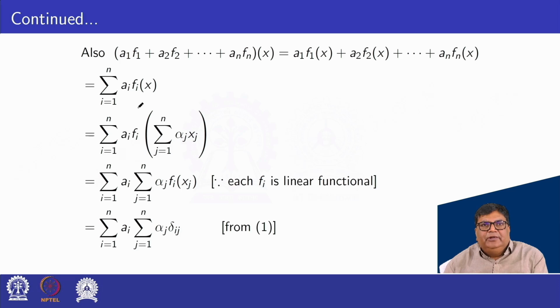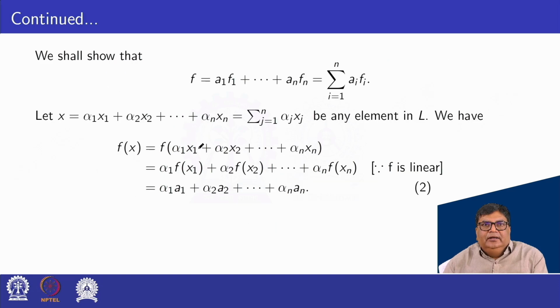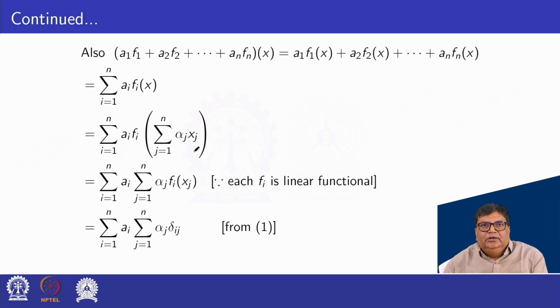This can be written as summation i equal to 1 to n ai fi(x) equal to summation i equal to 1 to n ai fi, putting the value of x here. x is this one, summation j equal to 1 to n alpha j xj. Since fi is a linear functional, it can be written as summation j equal to 1 to n alpha j fi(xj).